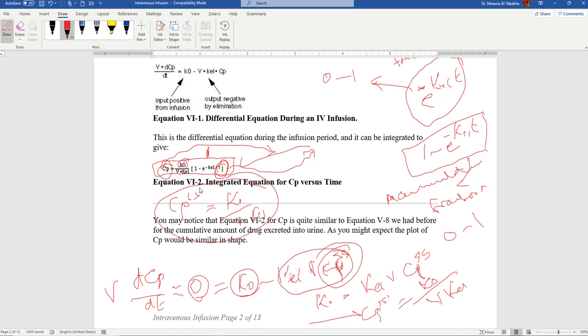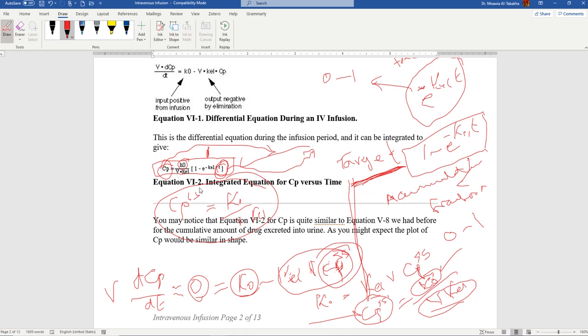Please know that CPSS is our target. Usually when we want to design a dosage regimen, I should know what I should target, how much concentration I want. If you know your target, CPSS, and you know the clearance of the drug in the patient, you can calculate your infusion rate.